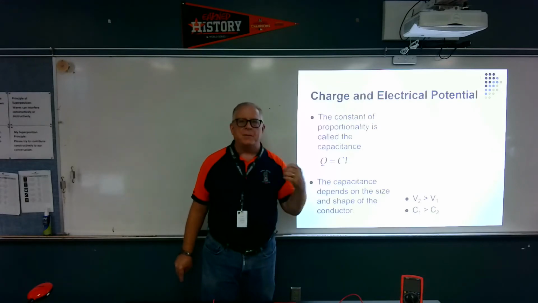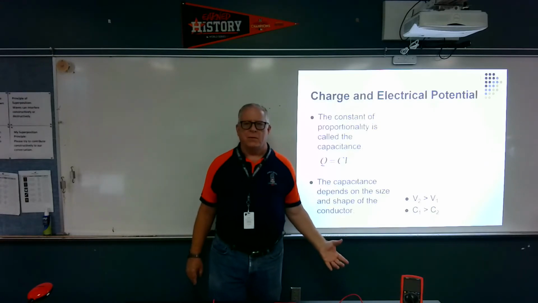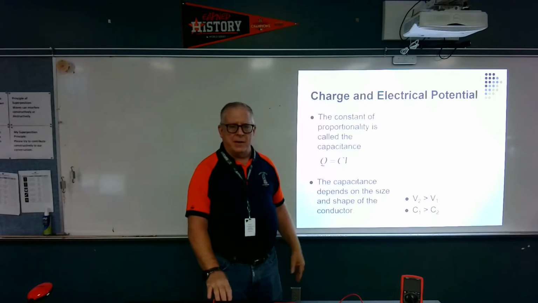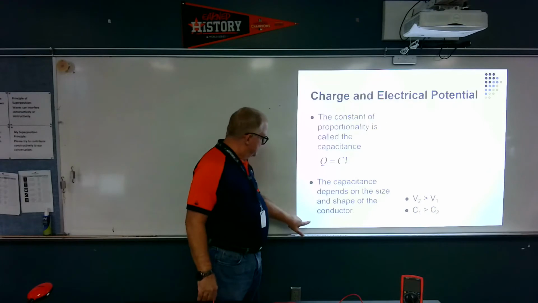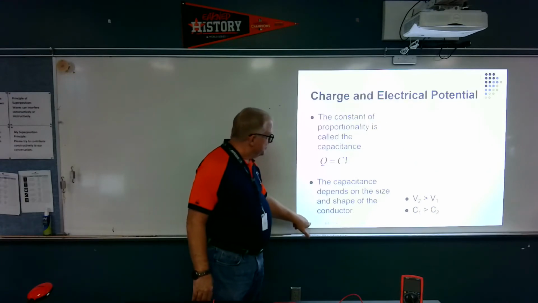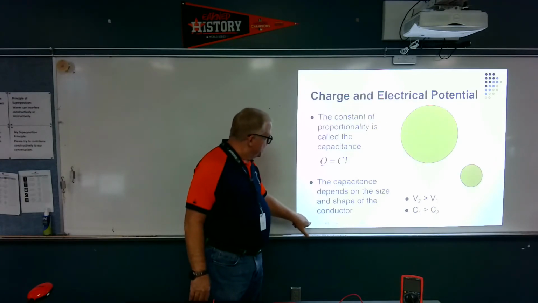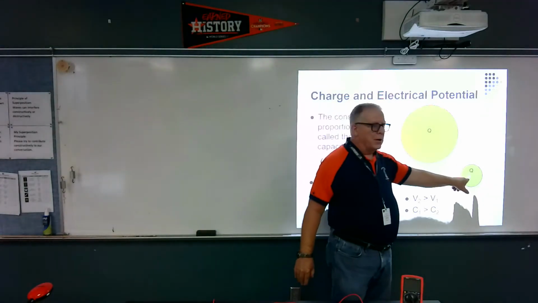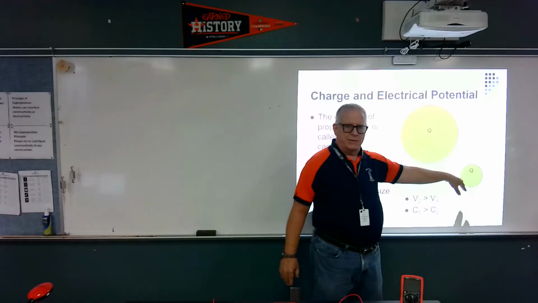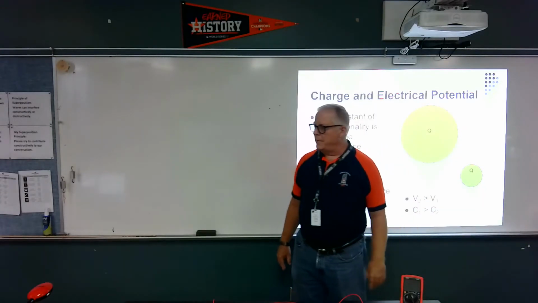So the bigger the potential difference you get for a given amount of charge, the smaller the capacitance is. This one will have a larger potential difference for the same charge, therefore it's going to have a smaller capacitance.